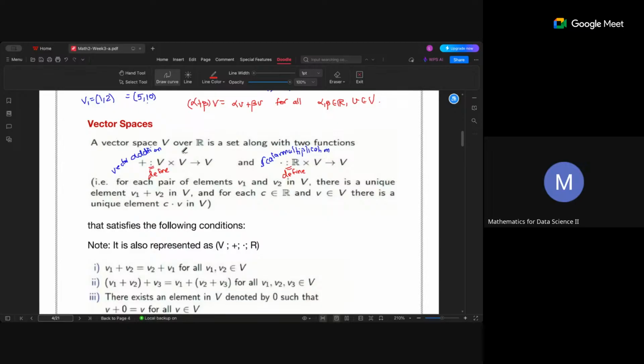For example, all vectors need not be in R2, R3 or something, because sometimes everything in your data set need not be numerical. It can have some address or anything inside that. We don't know that, right? So to handle such things, we need some idea like vector spaces. If we have a vector space, certain operations are possible, and if certain operations are possible, then you can do the calculations in a simpler way. That is the main point here.